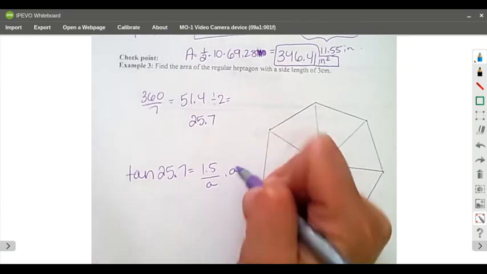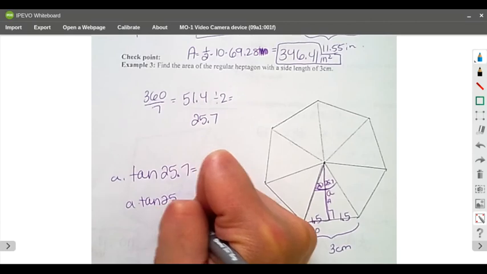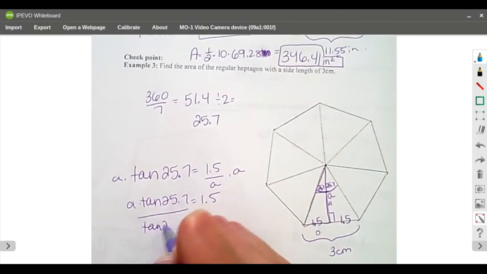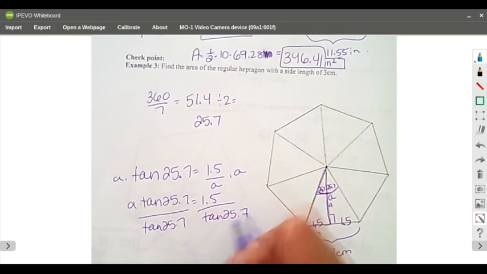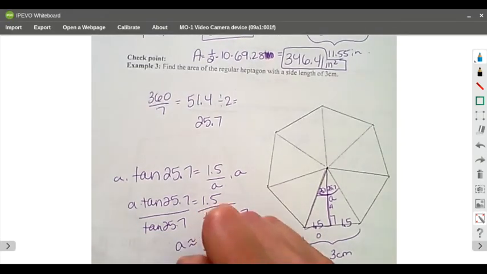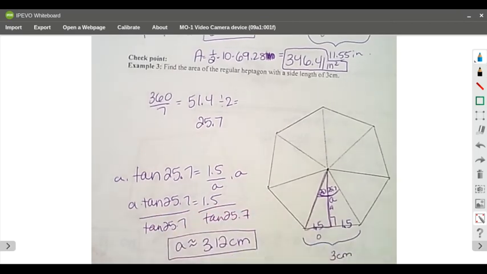Again, to solve this, we have to multiply both sides by A to bring it up into the numerator, and then divide by tangent of 25.7. So if you do 1.5 divided by tangent of 25.7, you get about 3.12 for the apothem. So that's the apothem.